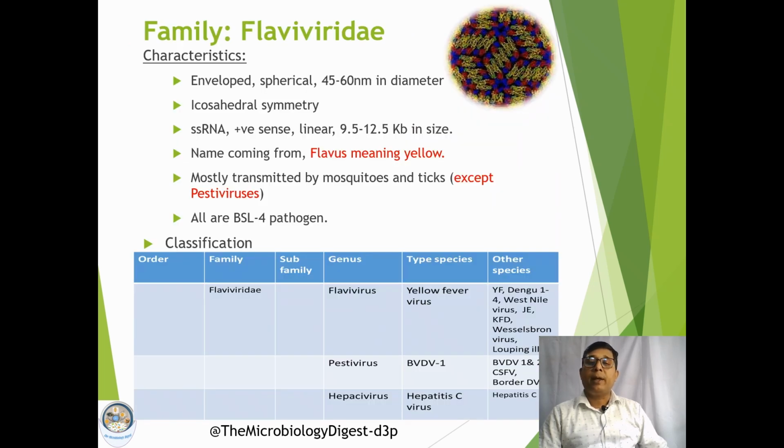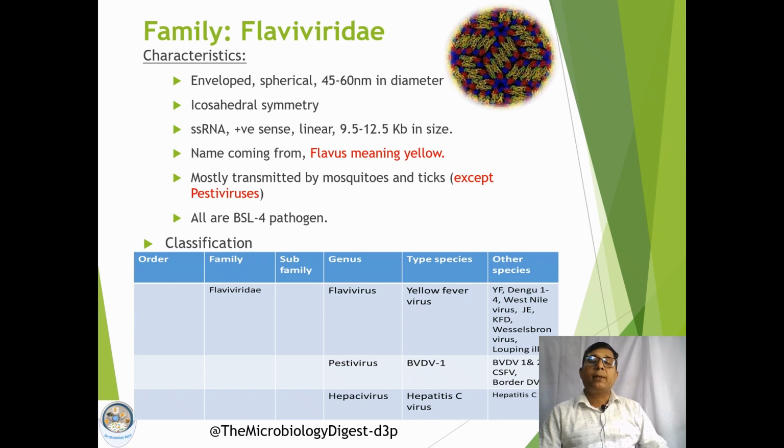Next family is the Flaviviridae. Important characteristics of this virus include the envelope. It is an enveloped virus, spherical in outline, having icosahedral symmetry. Genome is single-stranded RNA, positive sense, and linear. The name of this family has been given because the viruses are yellow in color, flavus, which means yellow.